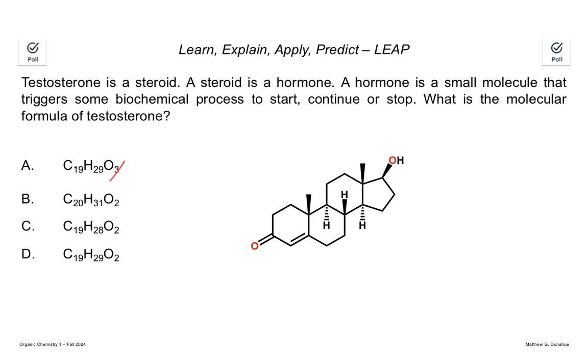Remember when we were determining degrees of unsaturation from molecular formula? And we said oxygen does not change the hydrogen count. If you think of the implications of that statement based on the formulas you can see, does that help you eliminate any?